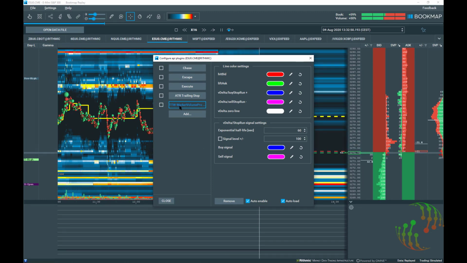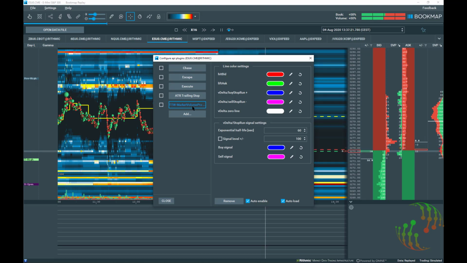The add-on becomes available in the API section and is ready to be used for all instruments, stocks as well as futures, for Rhythmic, and as well for the X feed and other data feeds. It runs on Windows, Mac OS and Linux. It starts calculating on every loaded instrument as soon as you start Bookmap and the first data comes in.